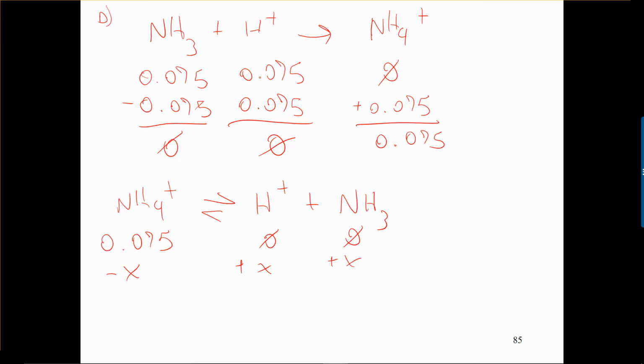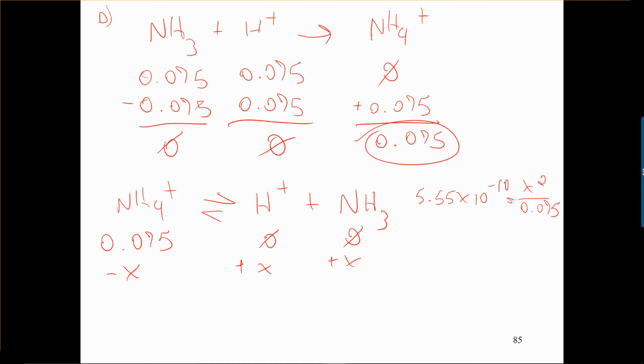Okay? So I didn't even have to do this. I could have just looked at the concentration and said that 5.55 times 10 to the negative 5 equals X squared over that concentration of 0.075. Oh, 10, I'm sorry. Sorry about putting 5 there.